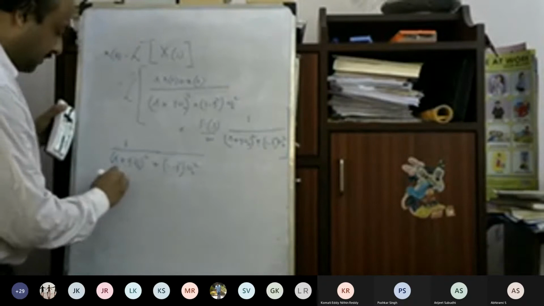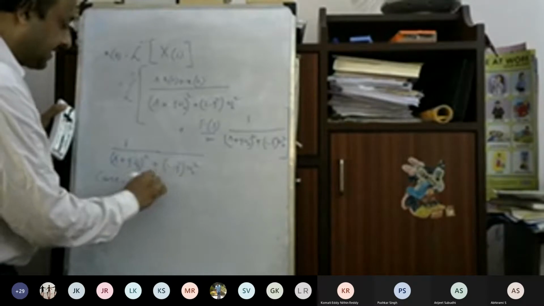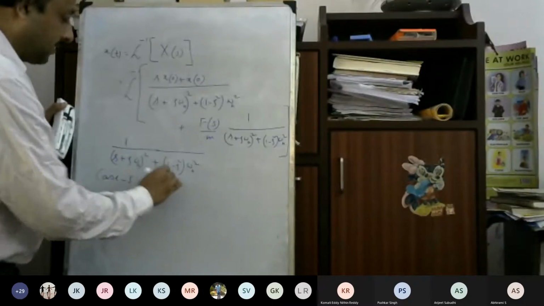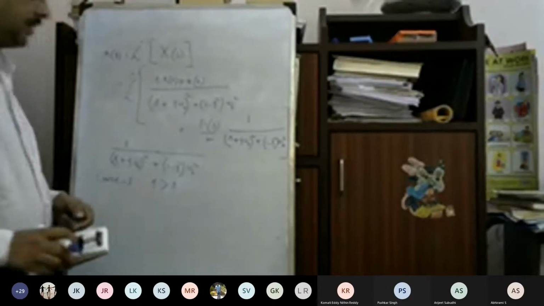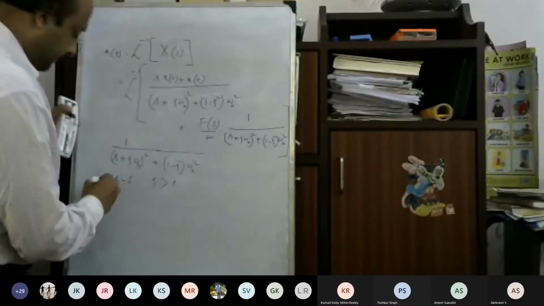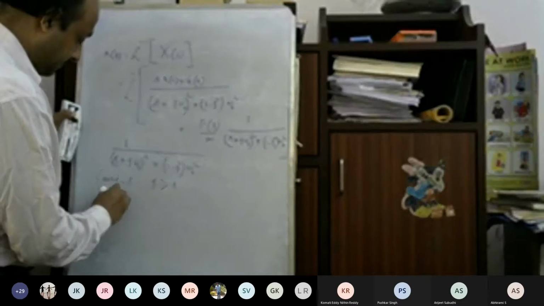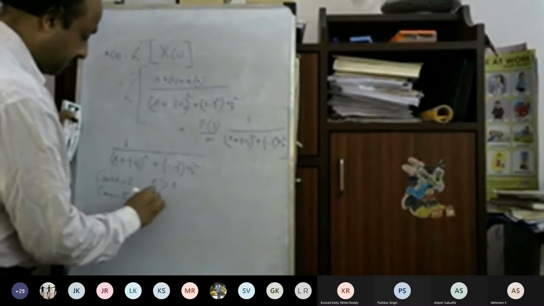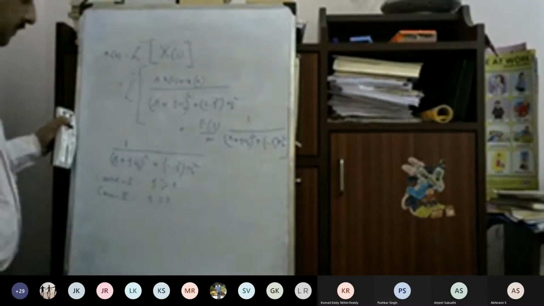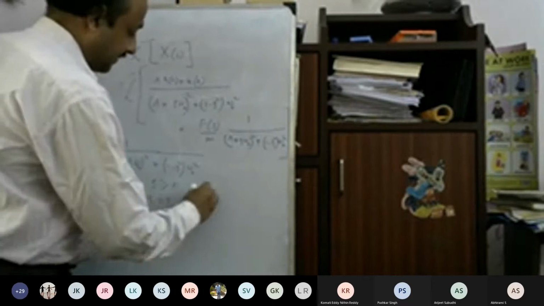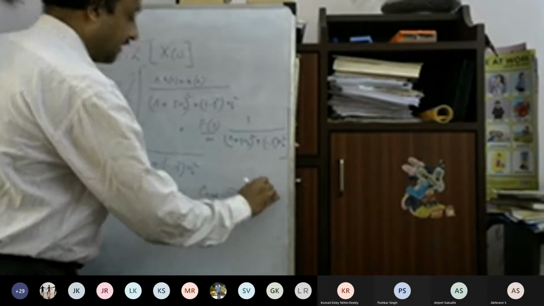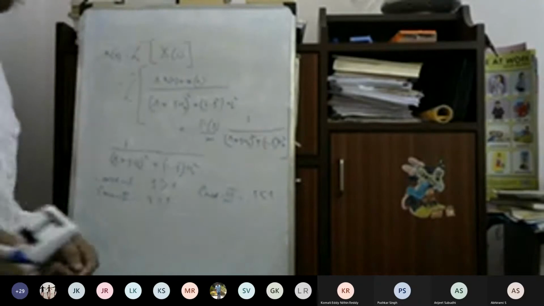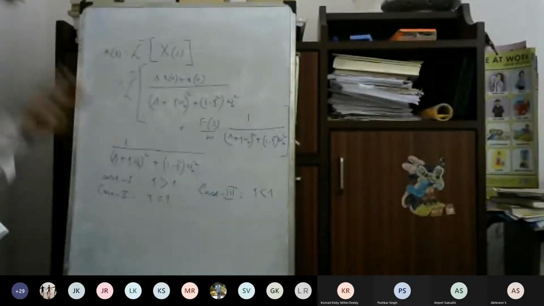Case 1, when zeta is greater than 1. Case 2, equal to 1, and case 3, zeta less than 1. So we'll consider these separate cases.